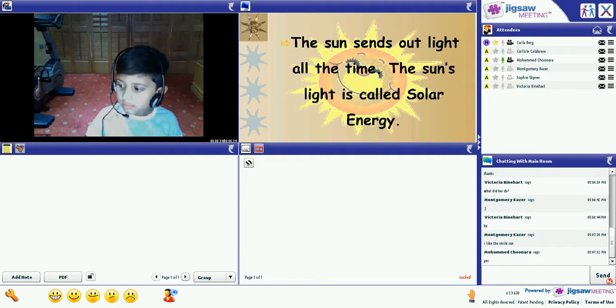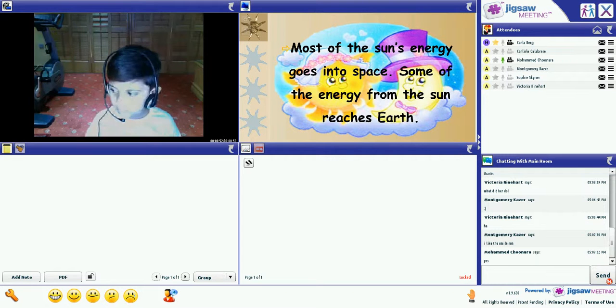Look, the sun sends out light all the time. The sun's light, solar energy. Most of the sun's energy goes into space.